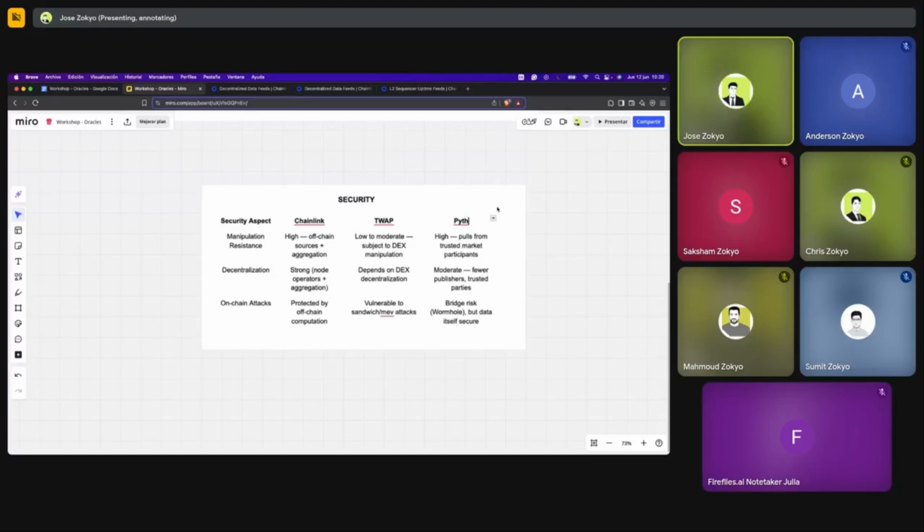And then regarding on-chain attacks, in the case of Chainlink, it is protected because of this off-chain configuration. The TWAP is vulnerable to sandwich and MEV attacks, as I just said, depending on the time frame that you select for determining the price of each DEX, and also depends on the liquidity of the DEX or the DEXs.